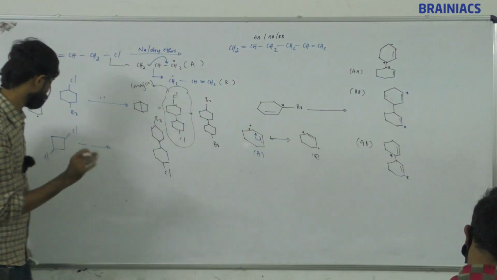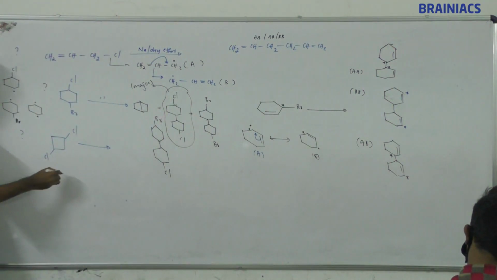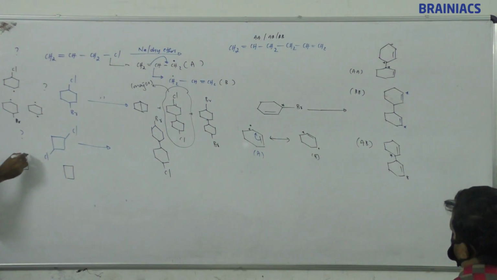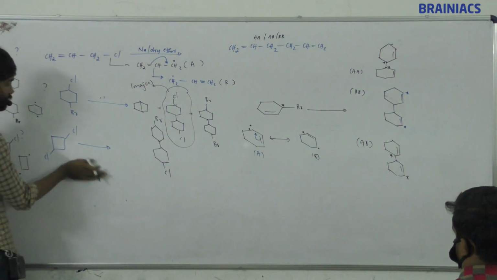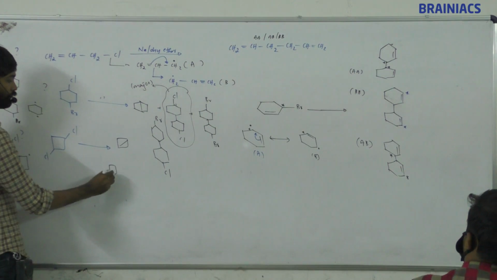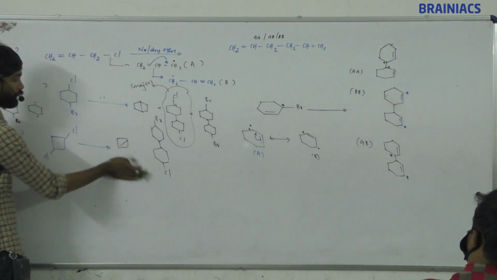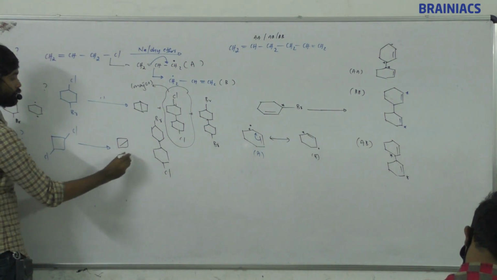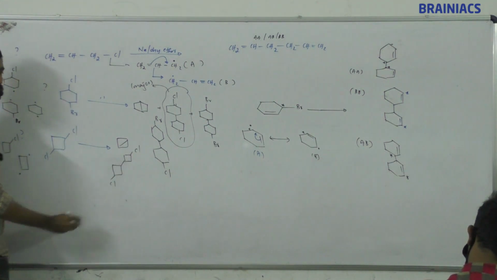Okay. Now, what about here? There may be a chance for two types of radical, either this one or this one. Agreed. So the chance is either bridged or something like this. Okay.